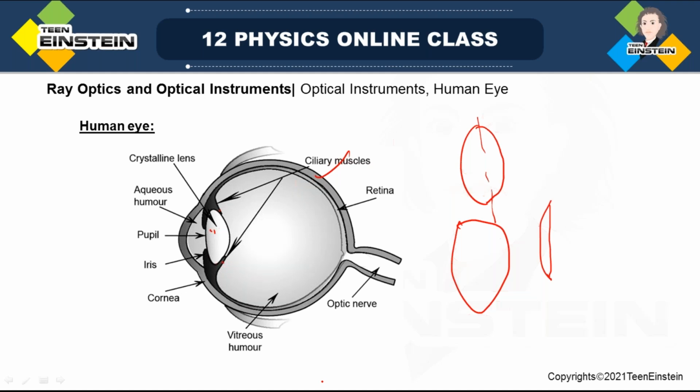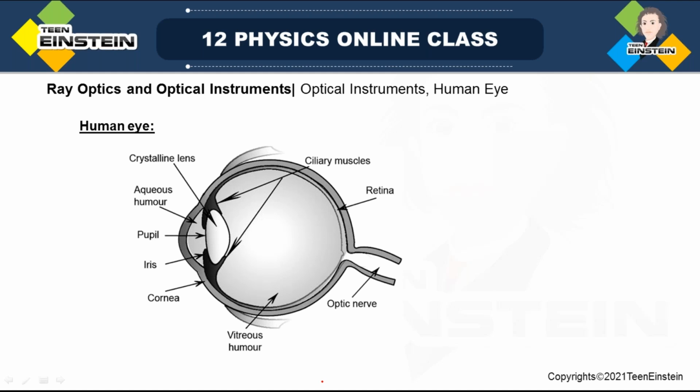It can compress it, it can release the compression, so that the focal length will be more or less as and when required. So we have learned what the ciliary muscles are. Now we have to learn what the retina is.